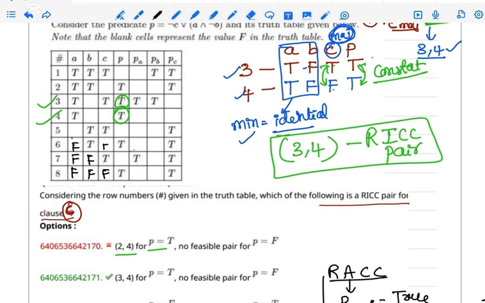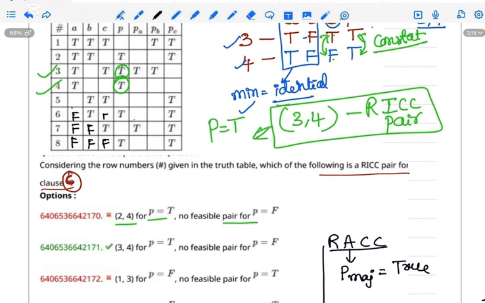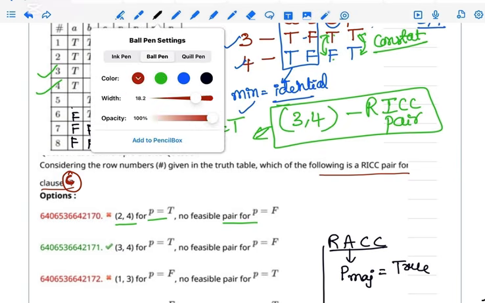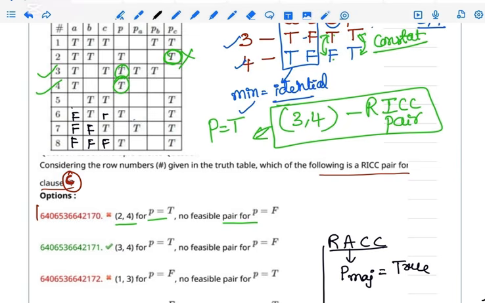So for these conditions the predicate P must be true. In this option it's not 2, it's 3 comma 4. For 2, P_C is true. It's not a correct option. P_C must be false in RICC. So option A is incorrect.